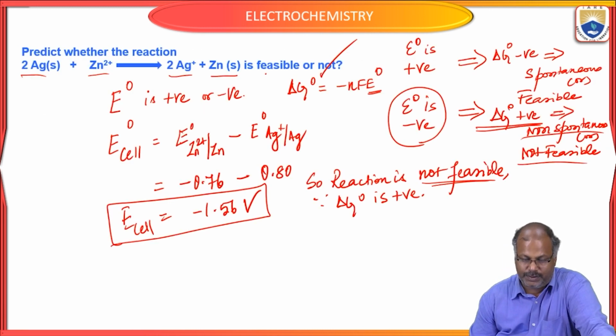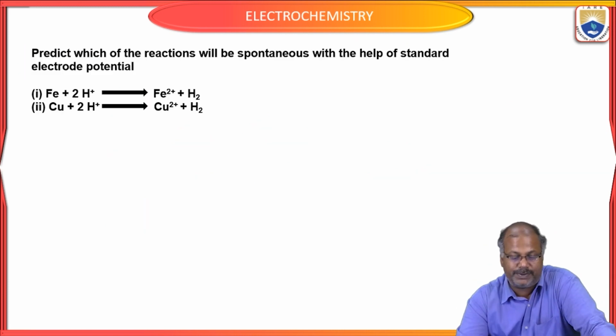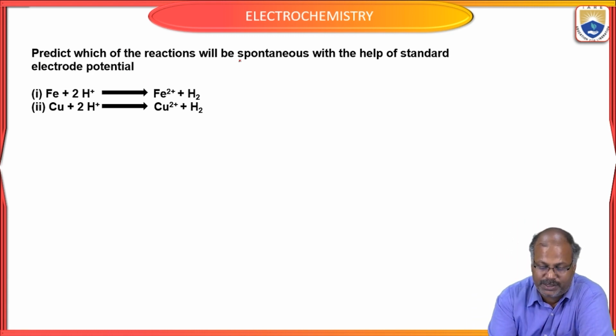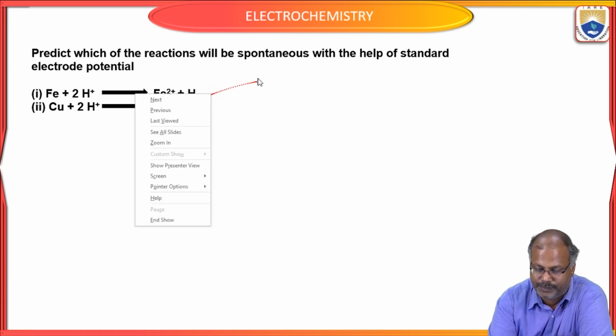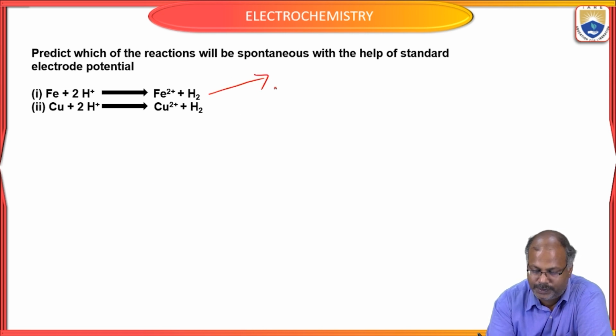Predict which of the following reactions will be spontaneous with the help of standard reduction potentials. Iron plus 2H plus gives Fe2 plus hydrogen. So here, if you see, iron undergoes oxidation, iron to iron 2 plus.